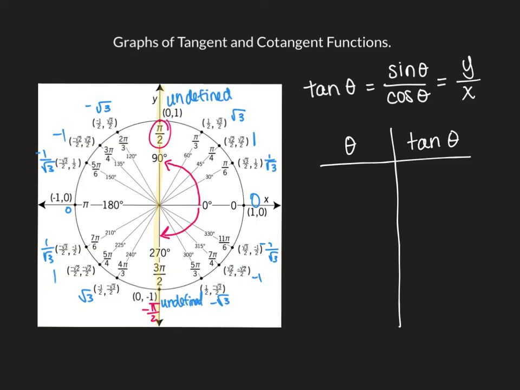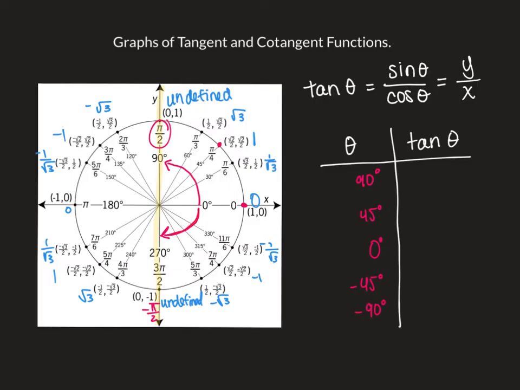Now, when I'm going to make this table, I'm only going to write down the tangent values that are really pretty and easy to graph. So I'm going to put 0 degrees in the middle, and then pi fourths or 45 degrees and 90 degrees. And then towards the negative side, I'm going to do negative 45 degrees and negative 90 degrees.